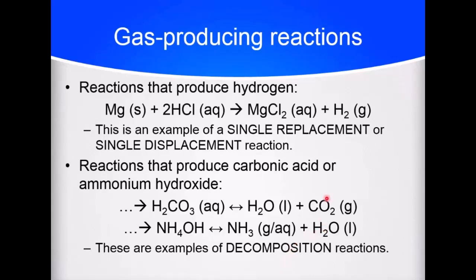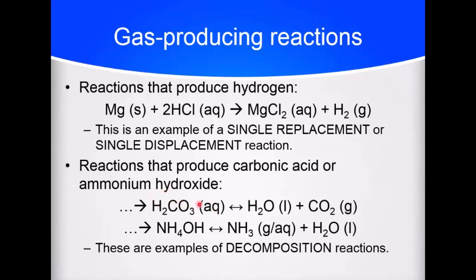So here are some gas-producing reactions. If you are driving hydrogen out of a compound, like this hydrochloric acid, you can end up with hydrogen gas. This is an example of a single replacement, because magnesium takes the place of hydrogen, and hydrogen then comes out. Sometimes you may have hydrogens combining with carbonates as an anion and end up getting carbonic acid.